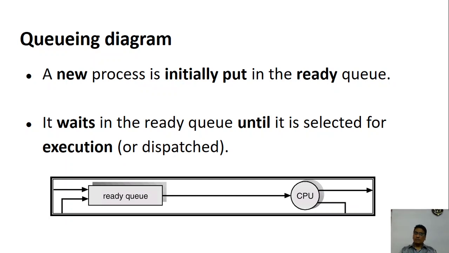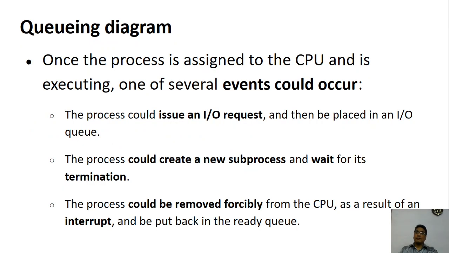Now we have already seen that thing. Whenever a process is created, it is initially kept in the ready queue, and it will wait until the CPU selects it. There may be many others in the queue. It will wait until the CPU selects it and then starts executing it. Once the process has been assigned to the CPU, many things can happen.